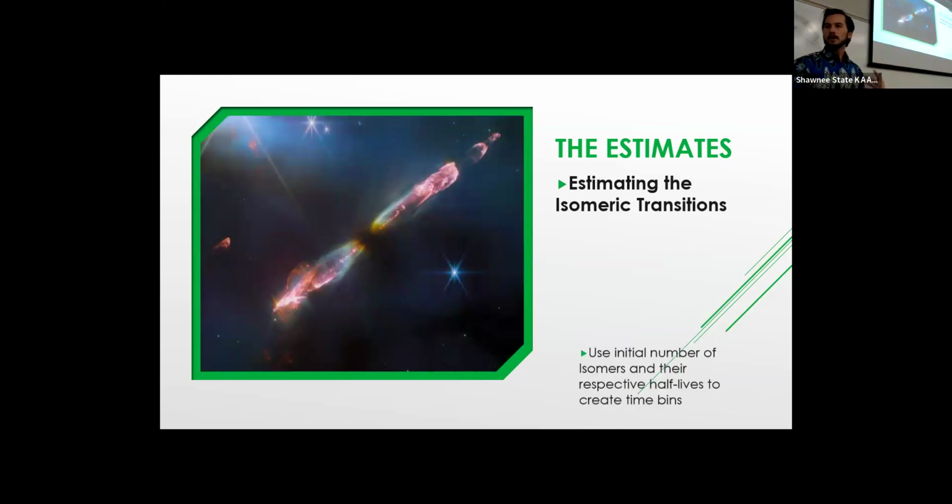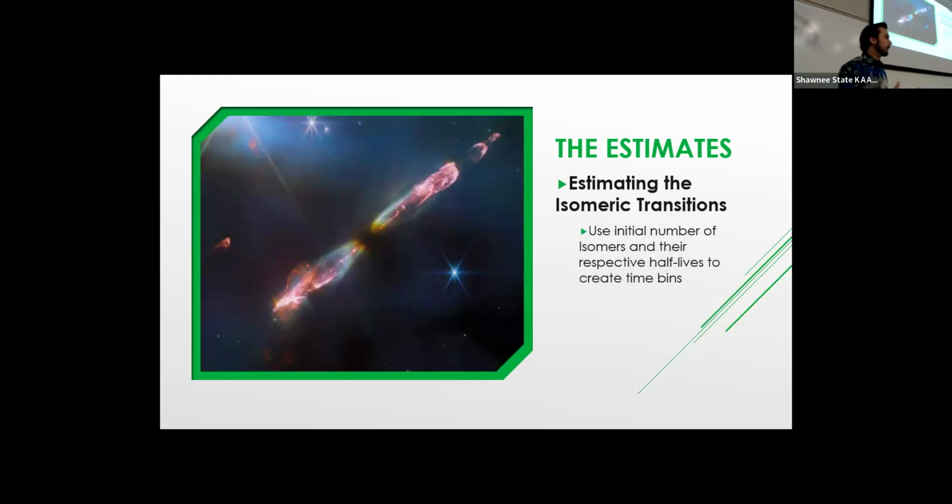And so then with your isomeric transitions, because this is what we want to do in the end, is how many gamma rays are being produced, and each isomer is producing a couple different gamma rays, and so that's the individual isomeric transitions. And so you can use the function of how many initial isomers are there and what their half-life is to create time bins.